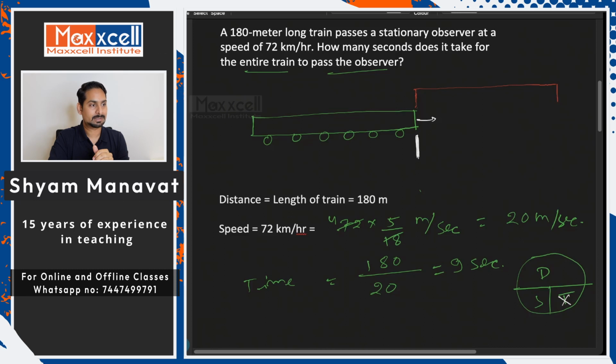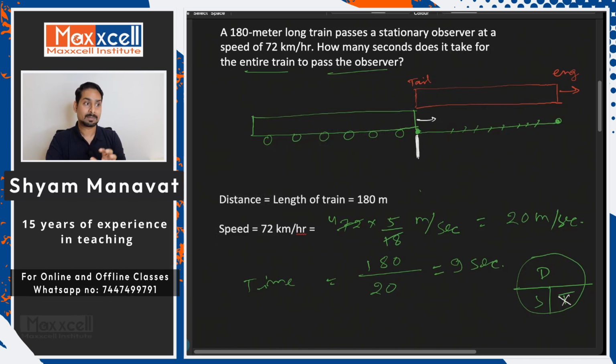The train is running in this direction, this is the engine side and this is the tail. From this point, the engine has to be at this point, and this is nothing but the length of the train. So the train has to cover a distance equal to the length of the train. This point should be clear, then you will understand this entire concept of problems on trains.